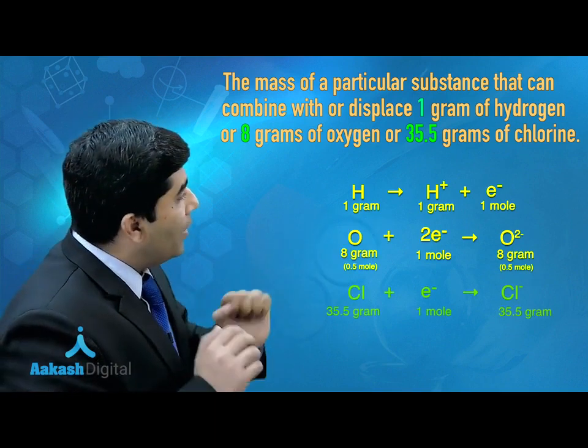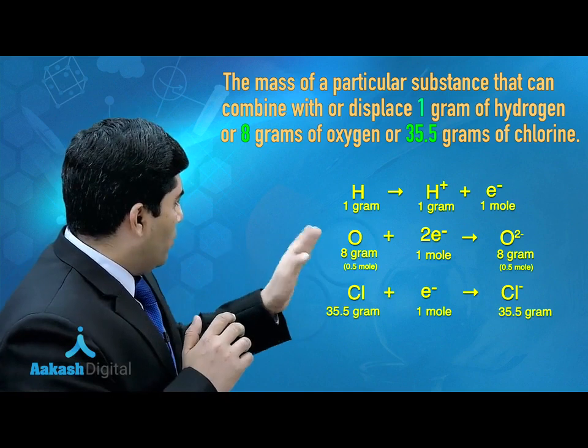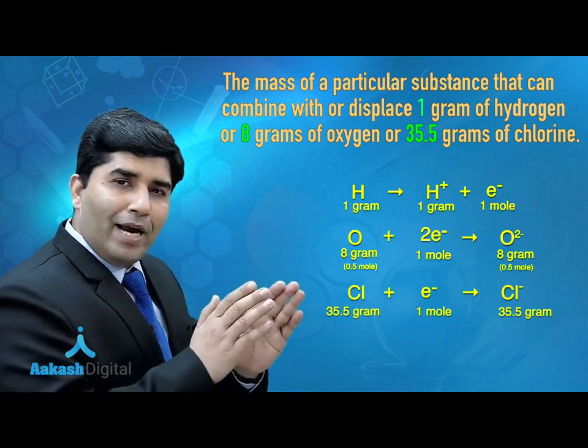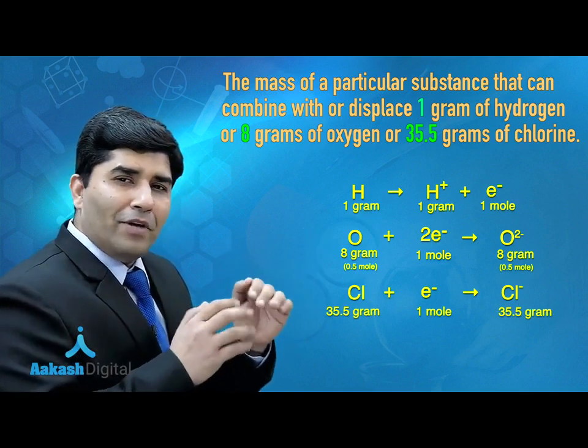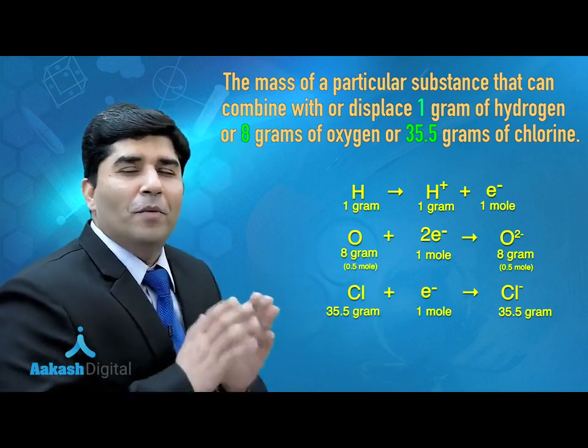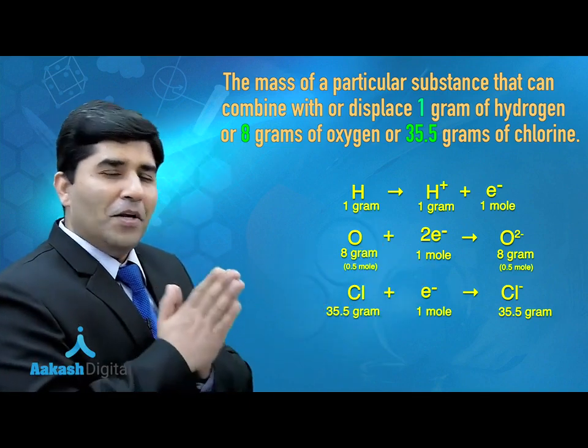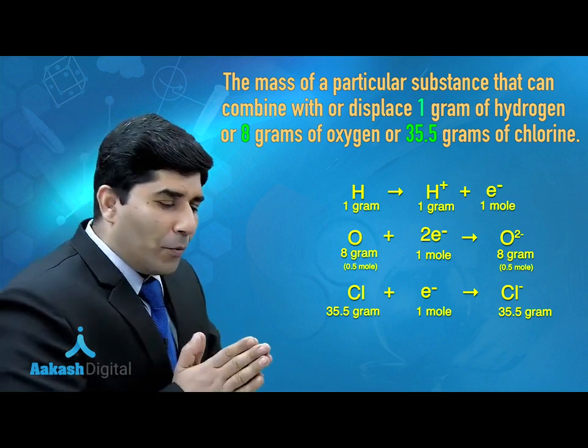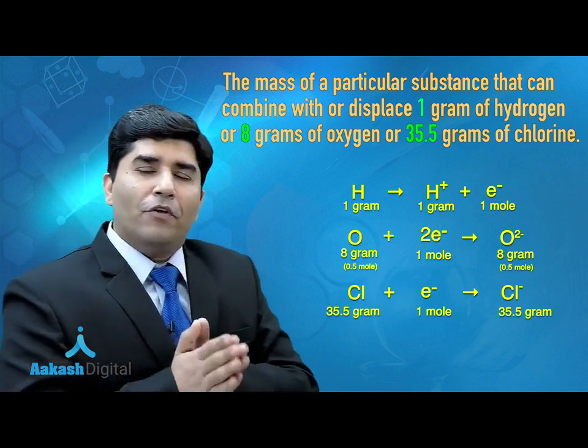And 35.5 gram of chlorine, Cl, accepts 1 mole of electrons and forms 1 mole of Cl minus. Now, these were the equivalent weights of these elements.